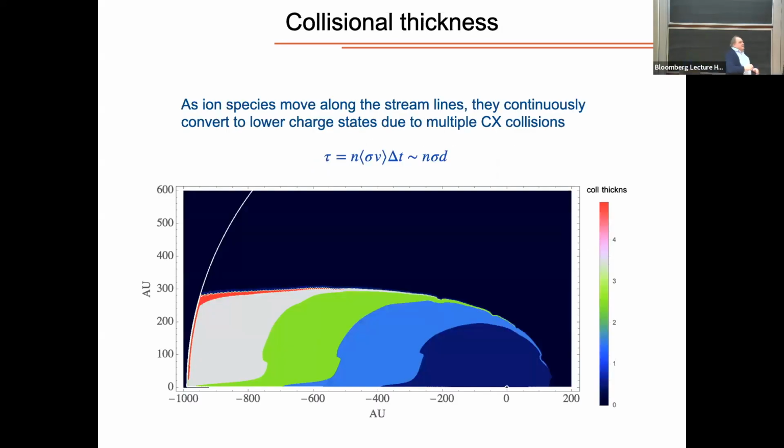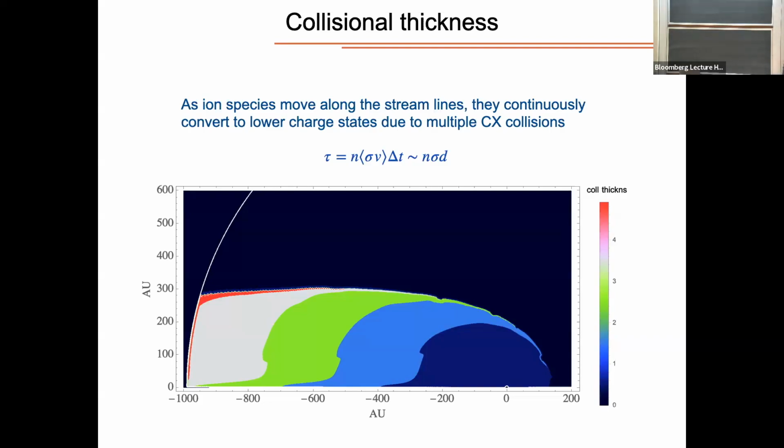We can quantify it by so-called collisional depth. Optical depth is known, right? You have optical depth of 1 when a photon has 100% chance of interacting and getting scattered. Same thing here. A collisional depth is 1 if an ion has 100% chance of experiencing a charge exchange process and being switched from Q charge state to Q minus 1 charge state.